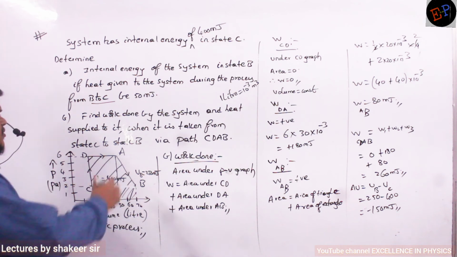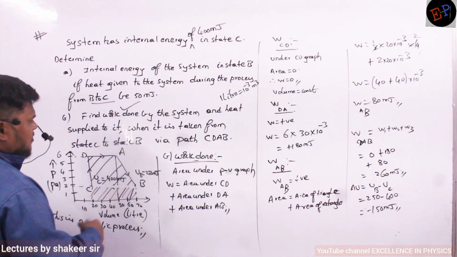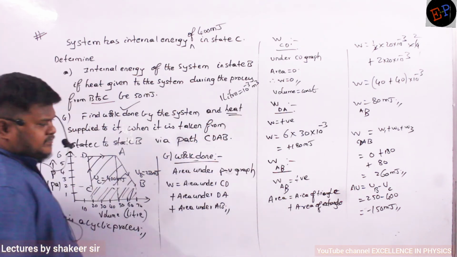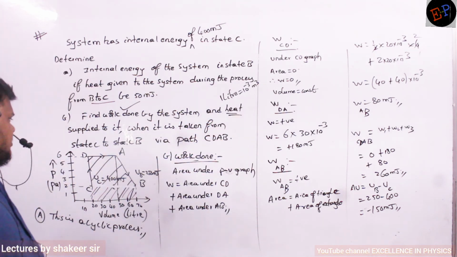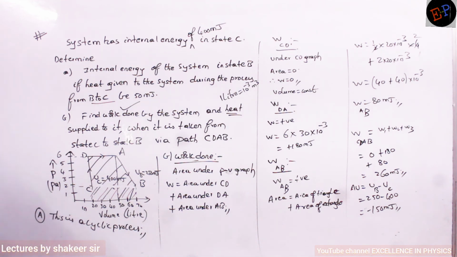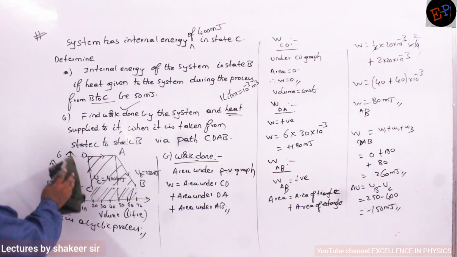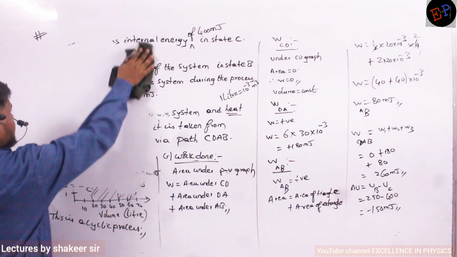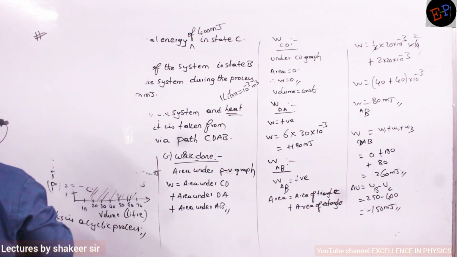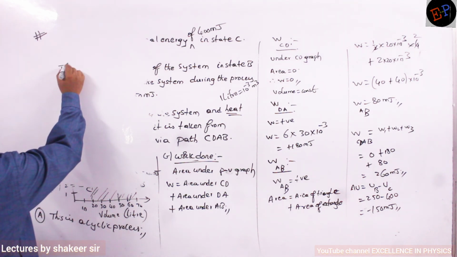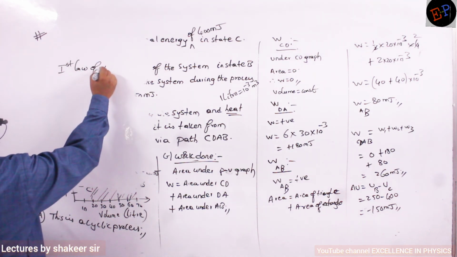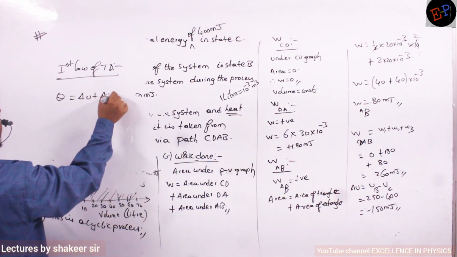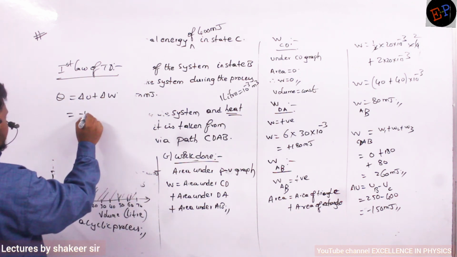So work done I have calculated, internal energy also I have got. So can't I calculate the heat supplied? What is the formula for heat supplied? The first law of thermodynamics says Q is equal to delta U plus delta W. Delta U is minus 150.